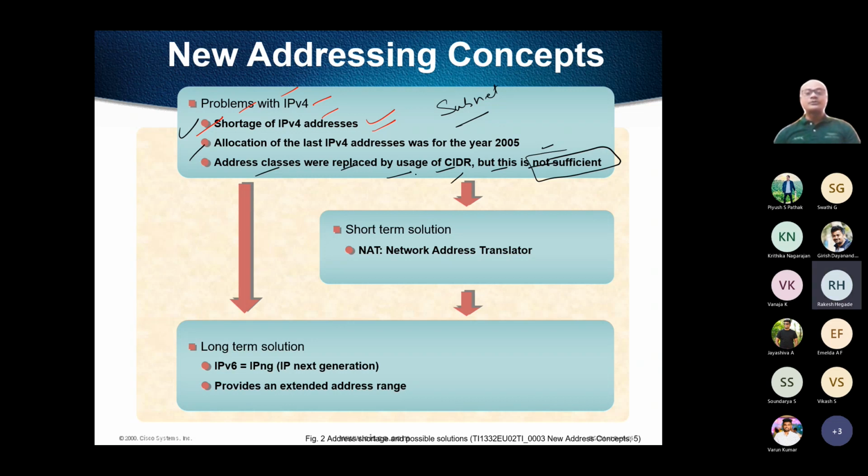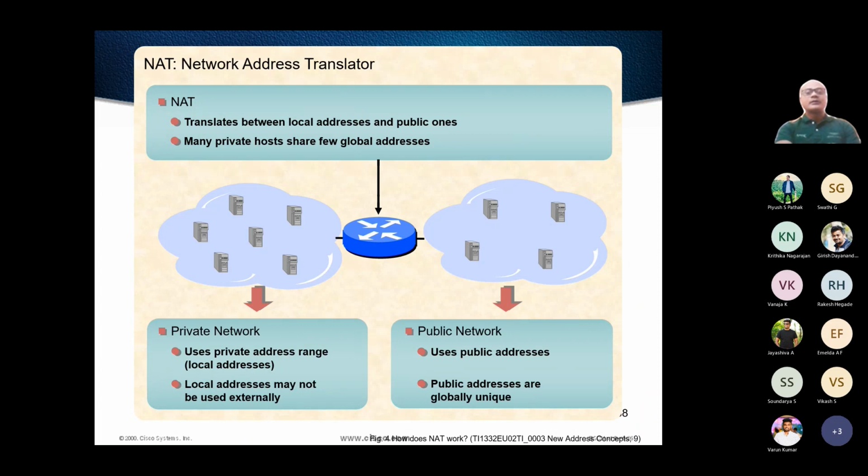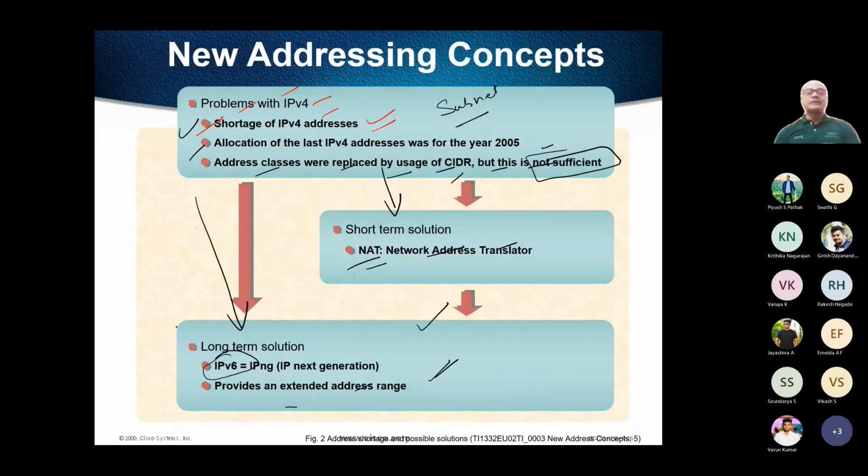The short-term solution for this is NAT, and the permanent solution is IPv6, which is IP next generation. It provides an extended address range, like billions of IP addresses. Understood, guys? That's the reason we are using NAT. Now, why NAT? First, understand these points, because you are going to support a lot of customers.